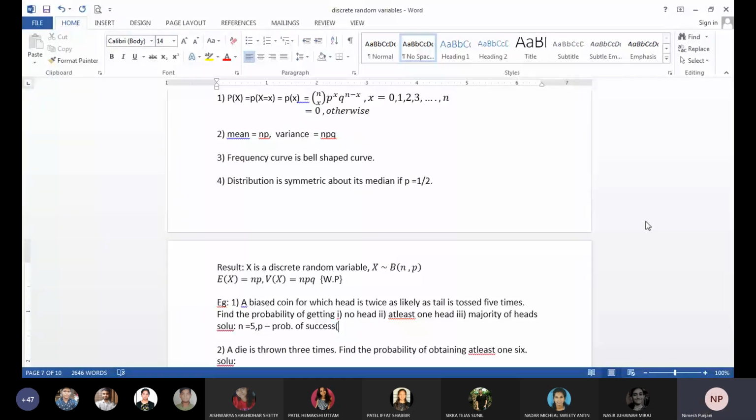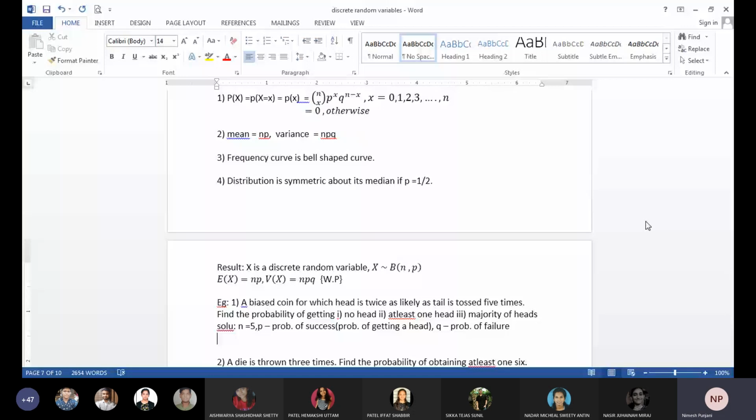So P, that is the probability of success, is nothing but the probability of getting a head, and Q will be the probability of failure.